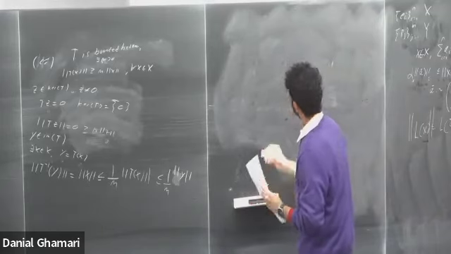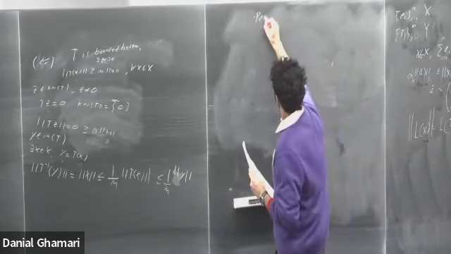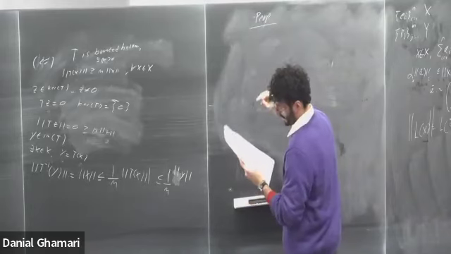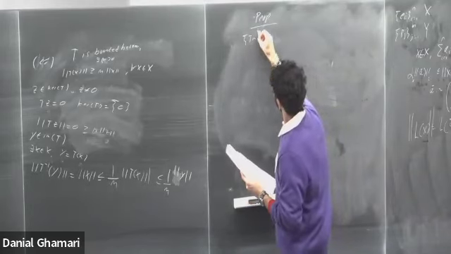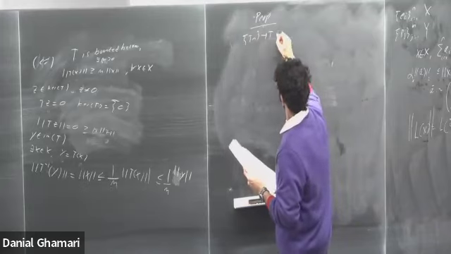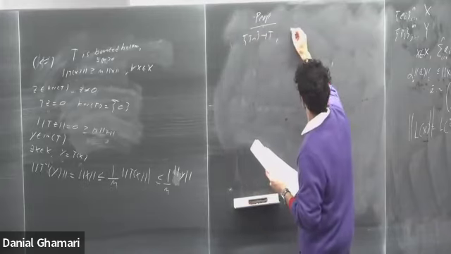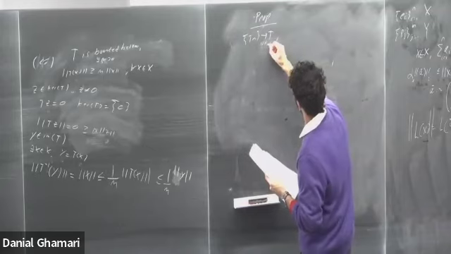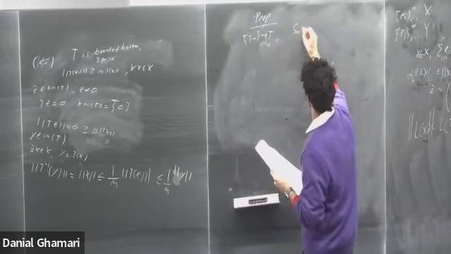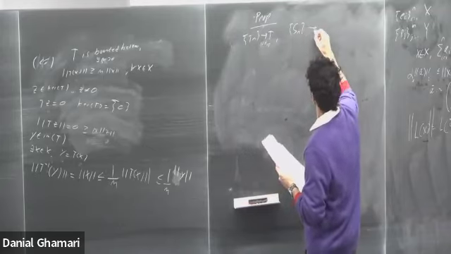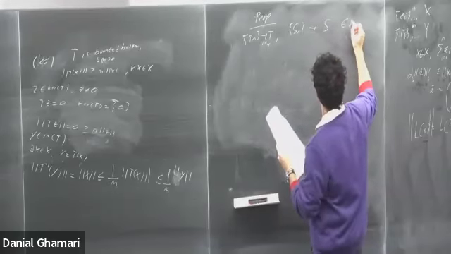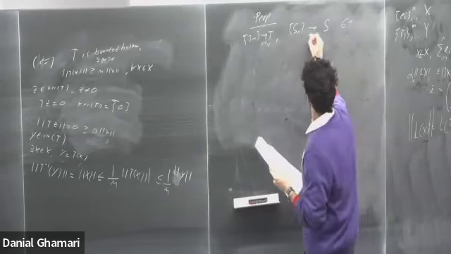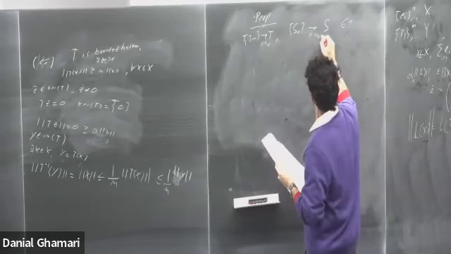So let's say, proposition. Let's say I have a sequence Tn which converges to T in the operator norm sense, and a sequence Sn which also converges to S, both in the operator norm sense.